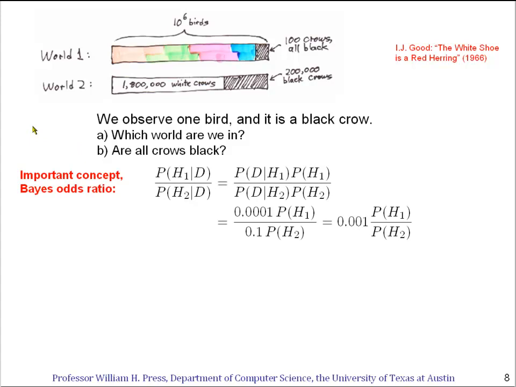So we're going to apply Bayes' theorem. We're going to save a little bit of calculation by not calculating Bayes' denominators. How can I do that? Well, if you write down Bayes' theorem twice, once for the probability of H1 given D, and once for the probability of H2 given D, and you divide those two probabilities, then on the Bayes' law side, you'll have the same Bayes' denominator in both numerator and denominator, so it divides out, and you just get the quotient of the Bayes numerators.